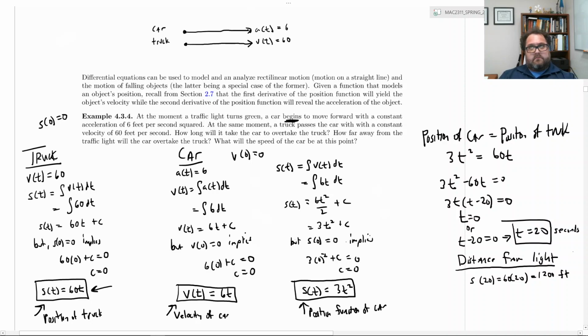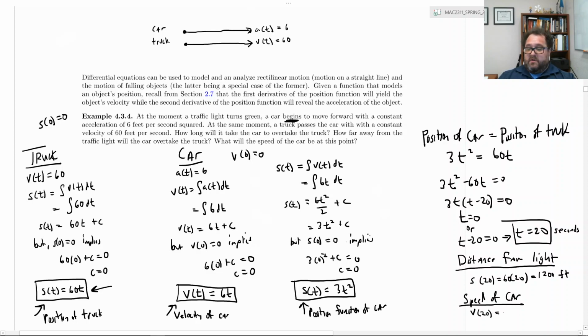Okay? And then what is the speed of the car? Well, we need to go to the velocity function of the car. So that's v of 20 seconds.